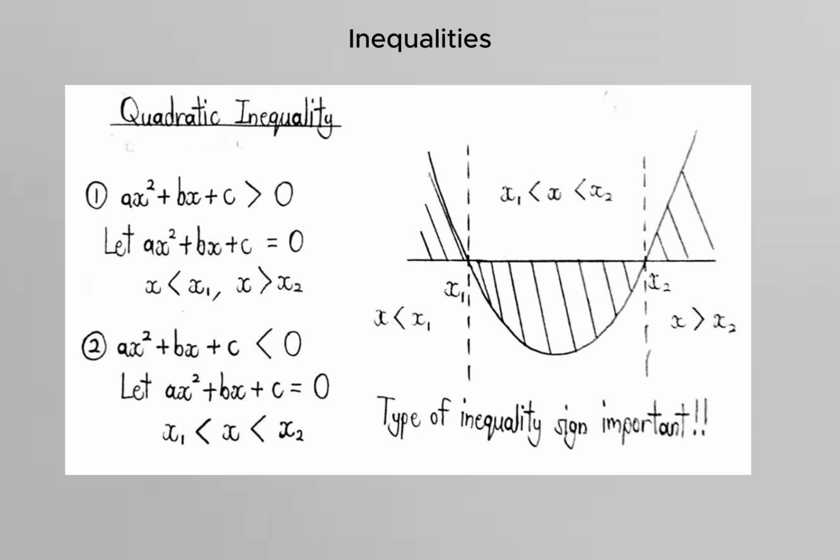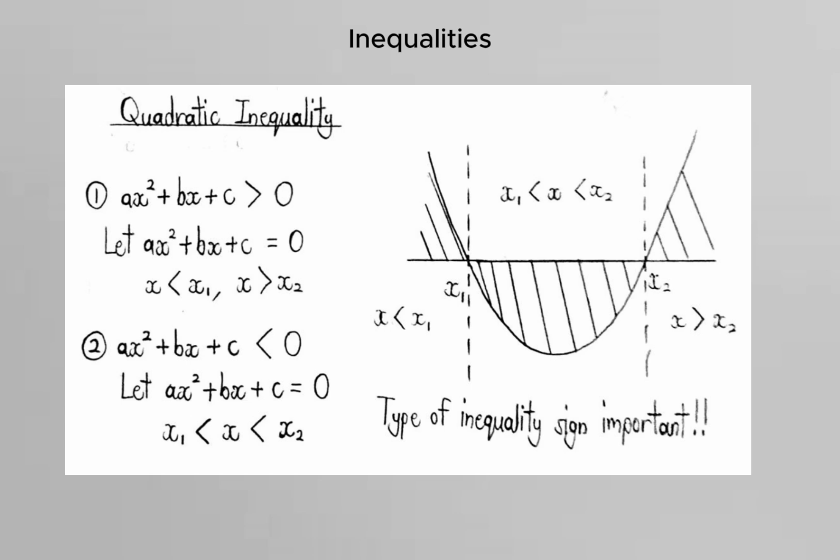So you perform something like completing the square or the quadratic formula for number 1. You get x to be less than the first root, but as the second root is the one where everything will be shaded on the right.